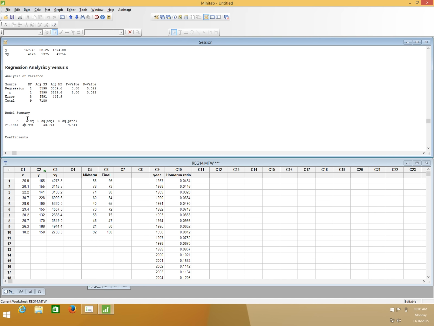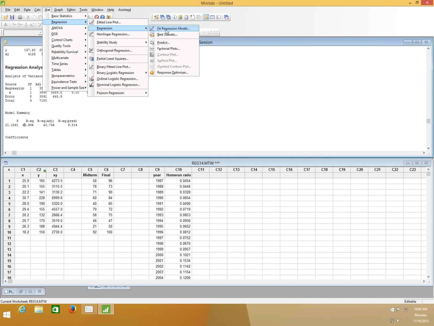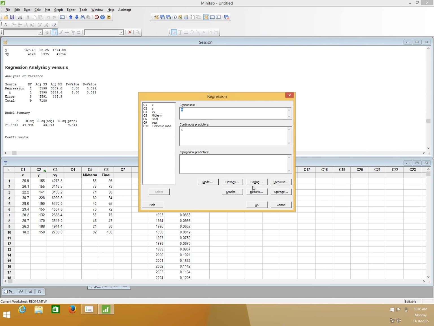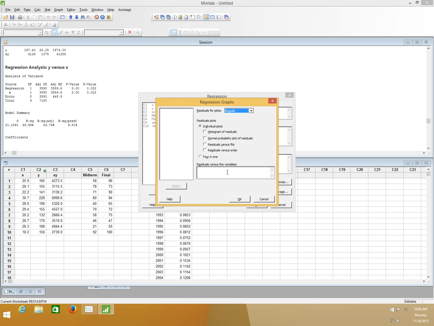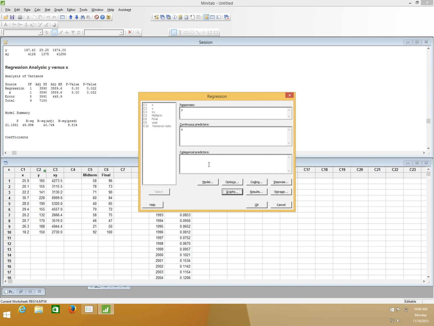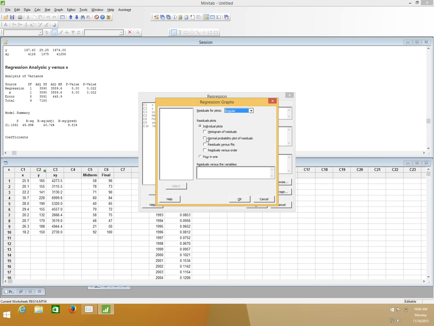Also, what we want to talk about in class, let me just go to it again. Here's how you find the regression. If we want to talk about the residuals, all I did, let me show you again, was go to graphs, and if I want a residual plot, I want the residual versus the fit.